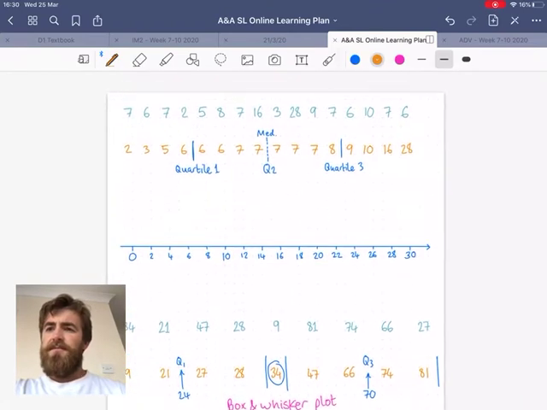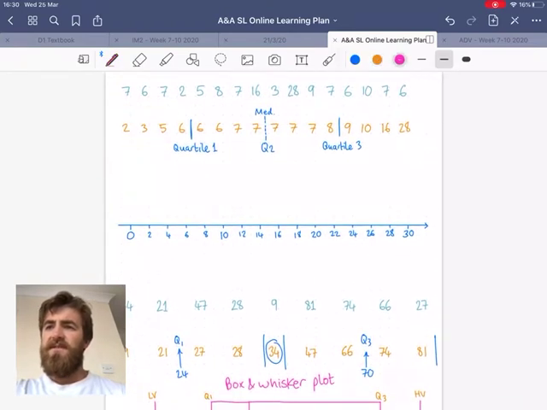So here we have our previous list. We could go ahead and plot the 5-number summary just as we did below. So that would be 2, 6, 7, then quartile 3, 8.5, and highest value 28.